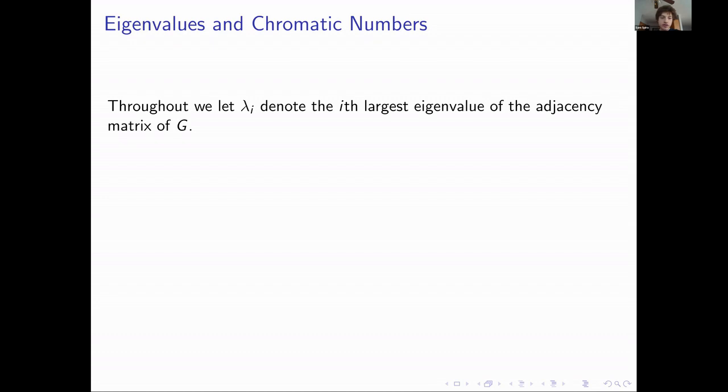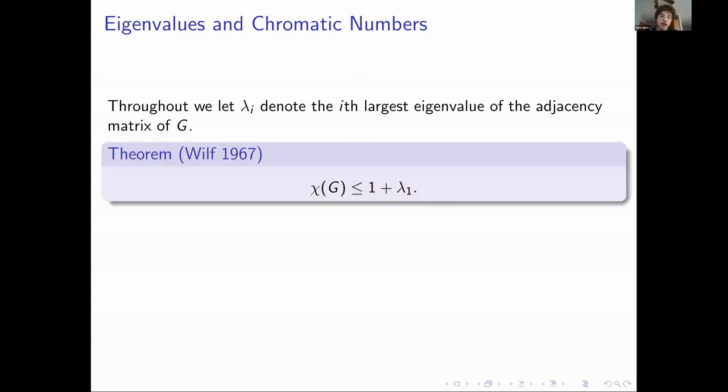As I'm sure many of you know, these eigenvalues tell you a lot about the combinatorial information of your graph. One such result is due to Wilf, which shows that the chromatic number of a graph is at most 1 plus the size of the largest eigenvalue. And this is an improvement over the trivial combinatorial bound of 1 plus the maximum degree of the graph.